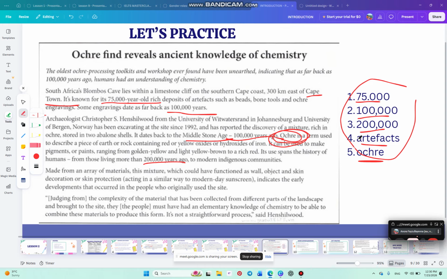Okay, and the word artifact, because we cannot only look for the numbers, but we also have to look for the words. So which is artifact?